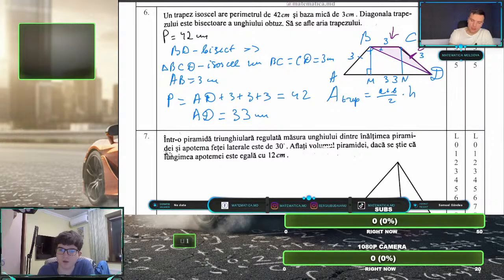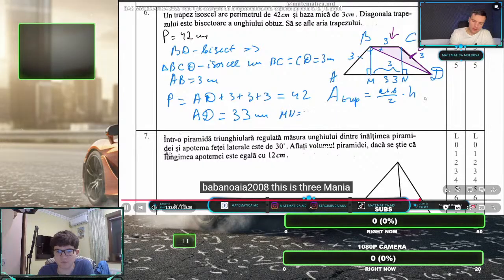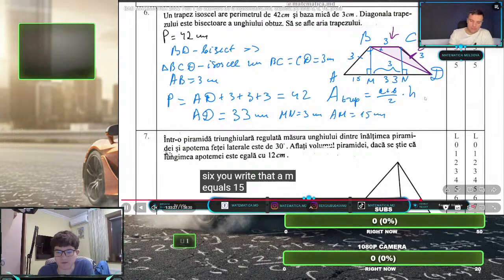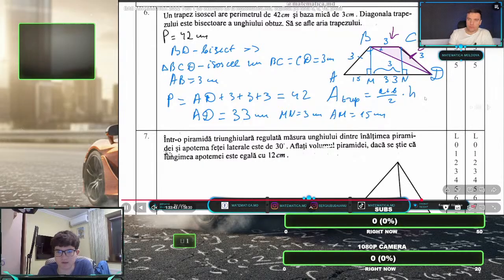So AM plus ND is gonna be 30, because if you take up a BC and split them, AM is 15, ND is 15. And now do Pythagorean theorem and you get height. And now you can solve that. Yeah, exactly what I said.